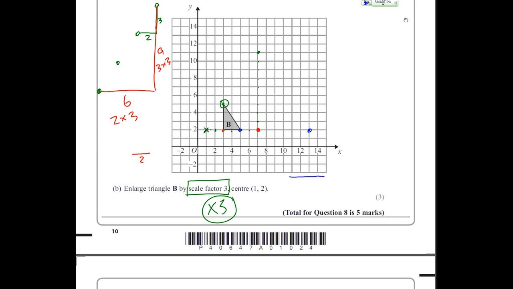Now you've got your 3 new corners of your triangle, and all you're going to do now is use a ruler. Straight lines are really not good today, I'm sorry about that. And draw on the triangle. That is your new triangle, and there's also a check that you can do by getting a ruler and drawing on the projection lines. If you've done it right, the projection lines will go through the centre of enlargement.